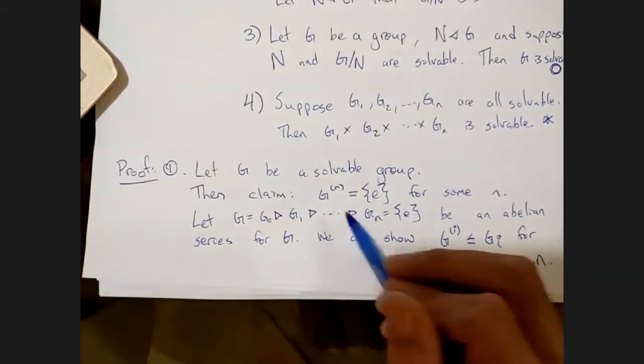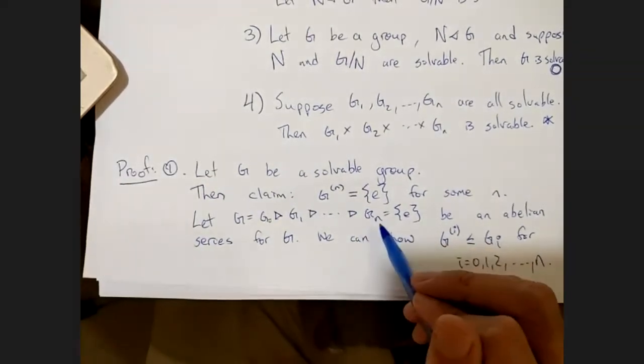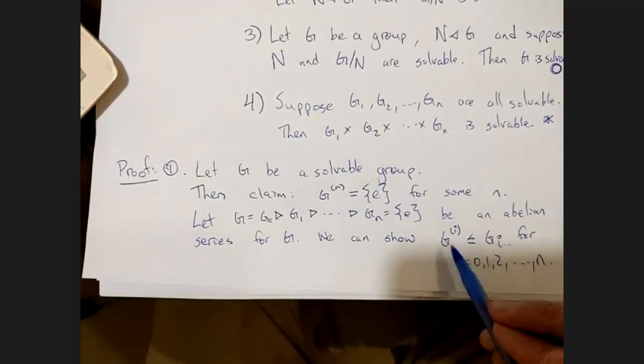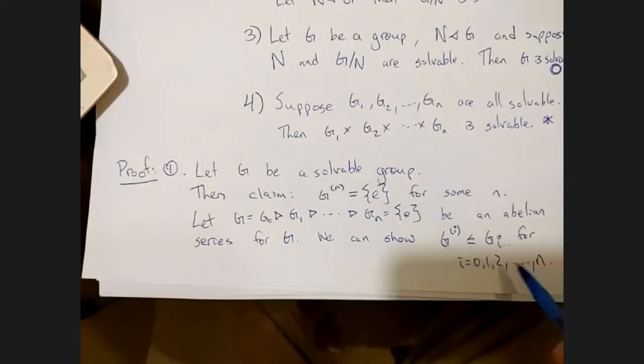Since G_n, the nth term, is trivial, this formula will tell us that the nth commutator is contained in the trivial subgroup, so it's trivial.